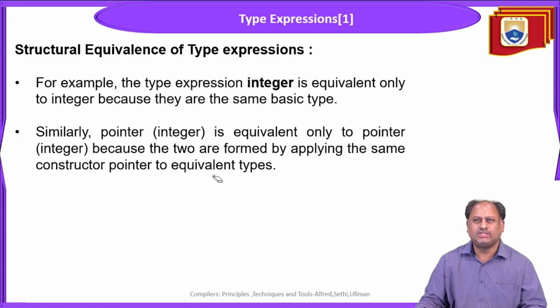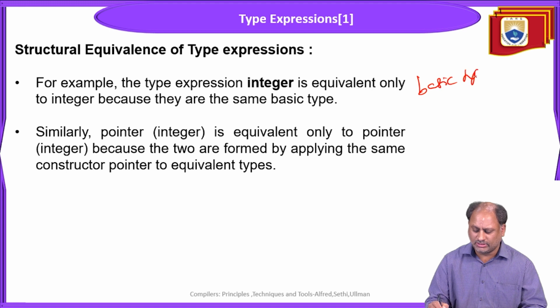That is clearly specified with an example. We have taken the basic type integer, and the corresponding type is also integer; integer is equivalent to integer, so we can say it is structurally equivalent.